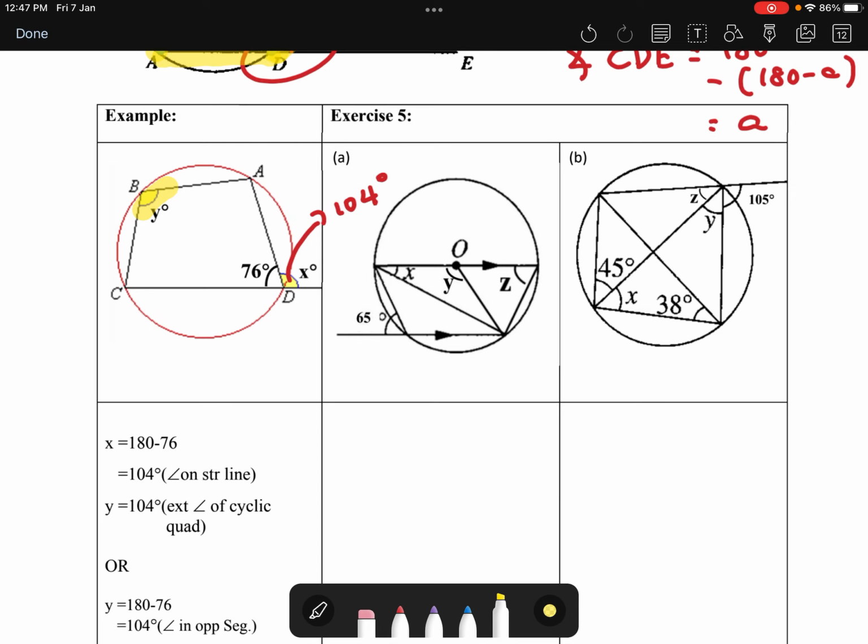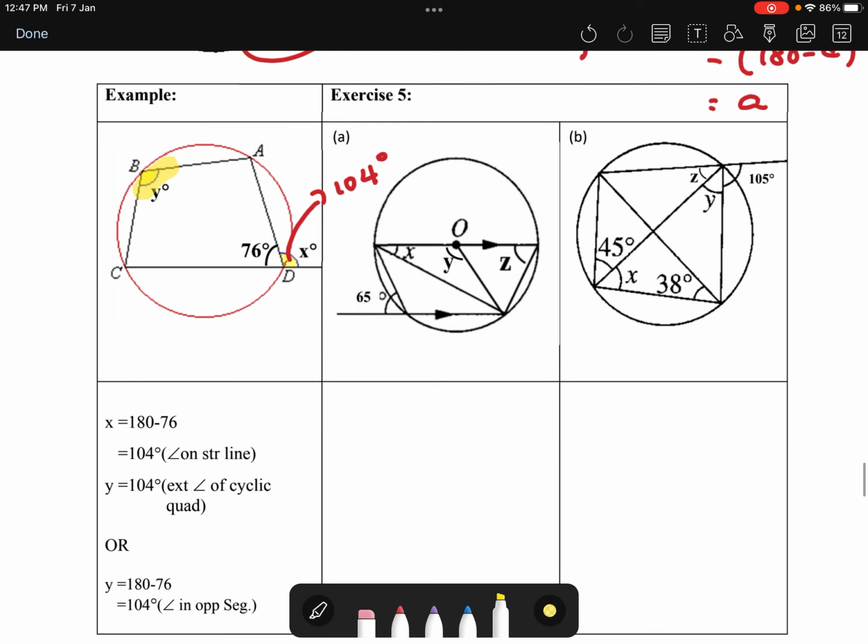You can also use the opposite angles add up to 180. It doesn't matter. Okay, so let's take a look at exercise 5A. Let's find angles X, Y, and Z respectively. Maybe I find angle Z first. This angle will be 115 degrees. So if this is 115 degrees, what is angle Z?